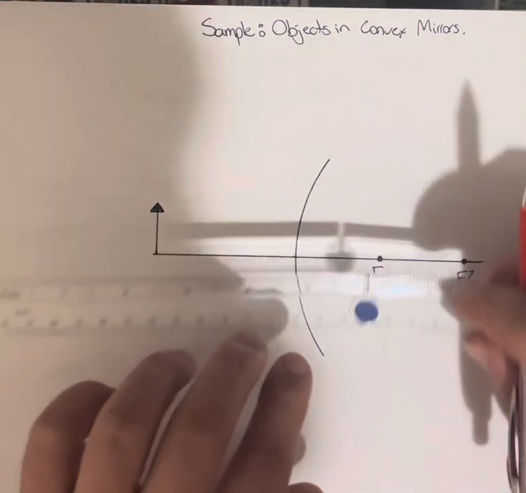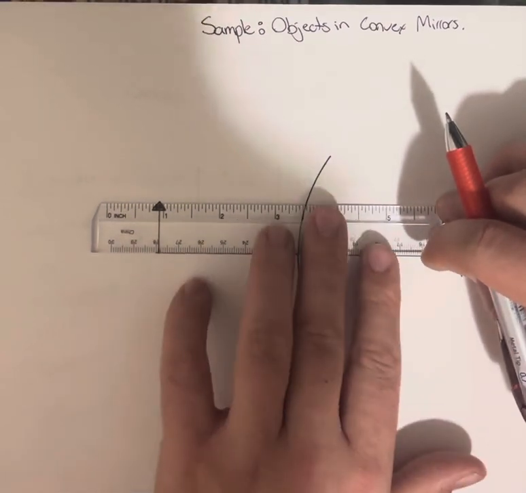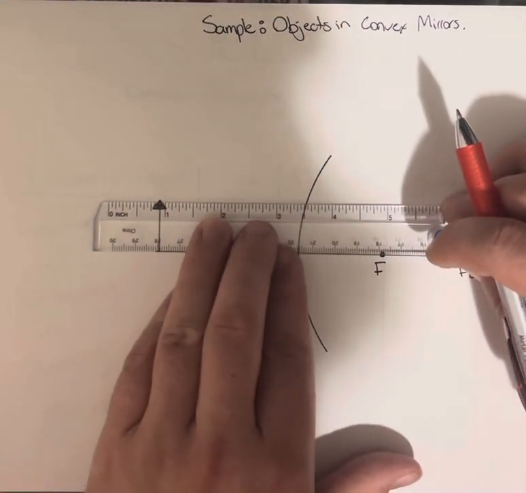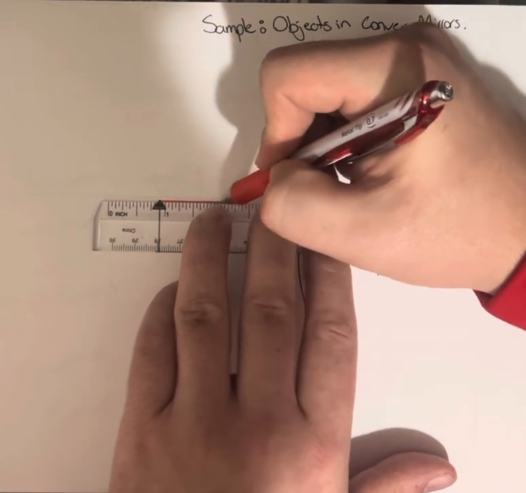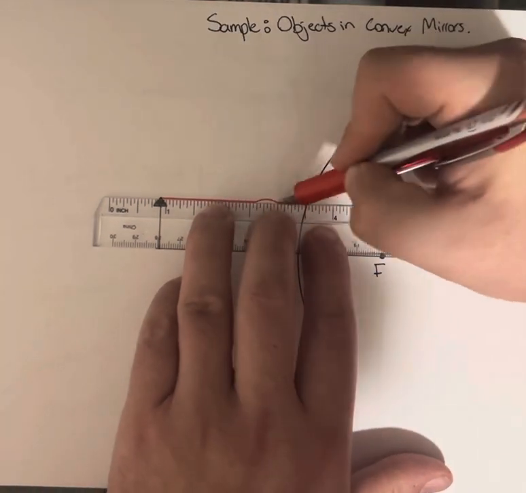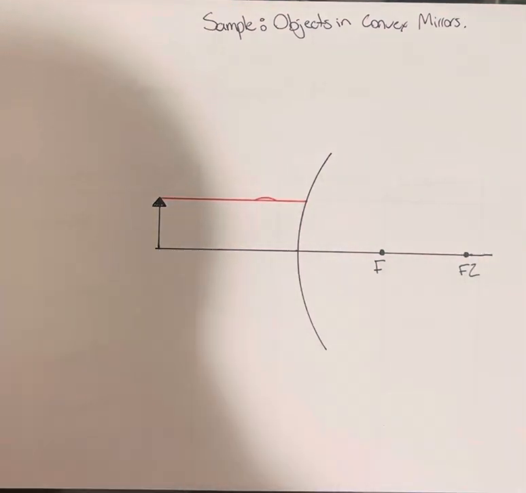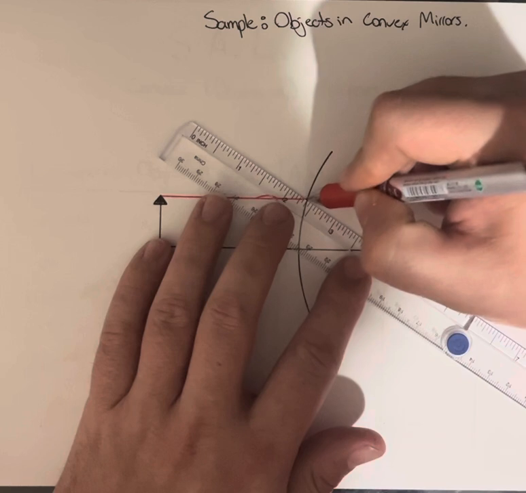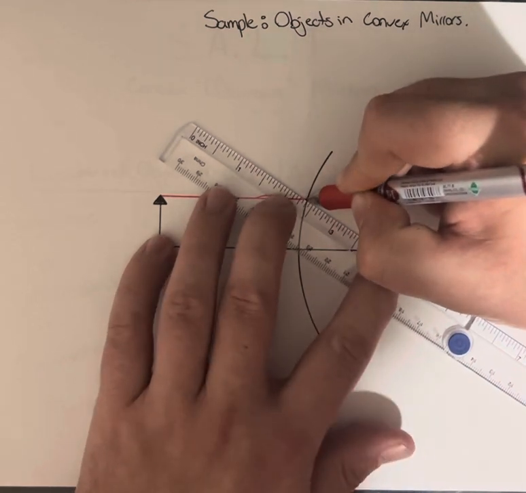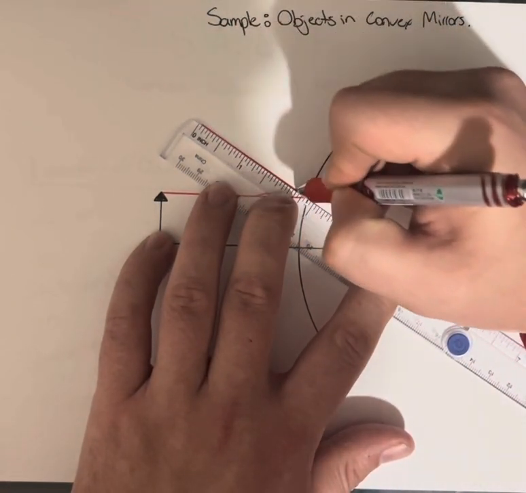where we are using our parallel line. So again, starting with our line running parallel to the principal axis, we are going to draw that line in until it contacts the mirror. Now we know, based off of our observations in class with our ray boxes, that that is going to diverge away from the object itself in this direction.